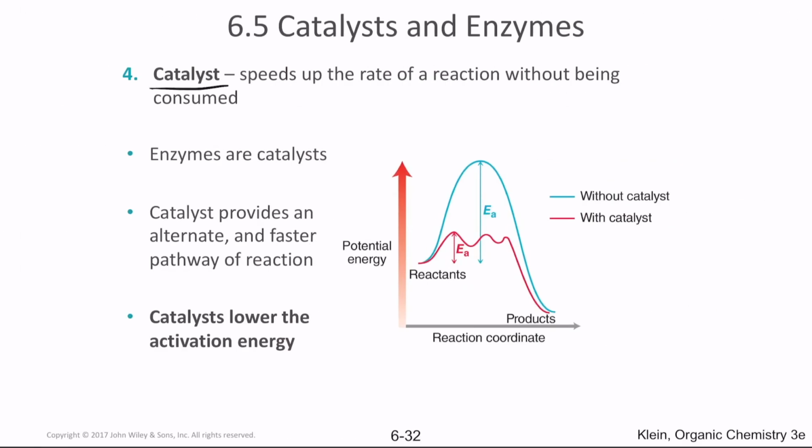Next one and the last one is the catalyst. Catalysts are compounds that increase the rate of reaction but are not consumed in the reaction. They just speed up the rate of reaction, but they generally are not consumed. What happens here is that the catalyst reduces the activation energy. The catalyst's main purpose, the only purpose, is to reduce the activation energy.